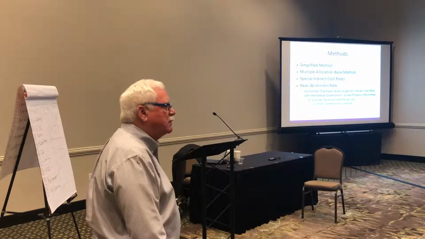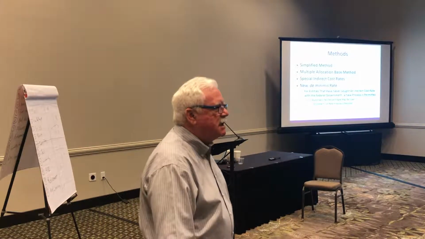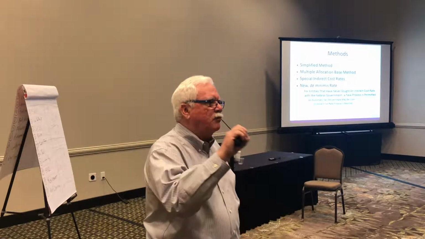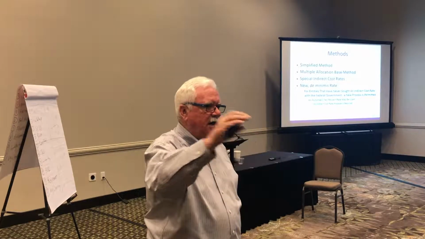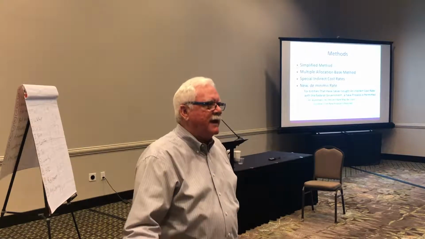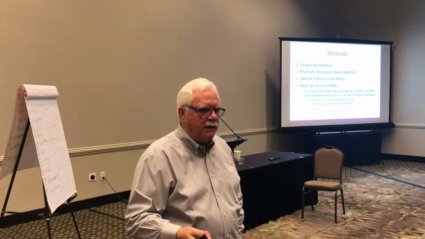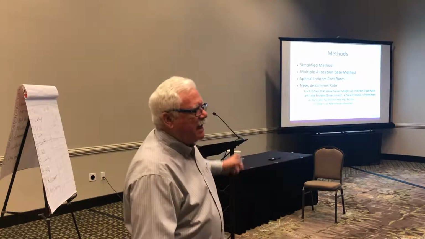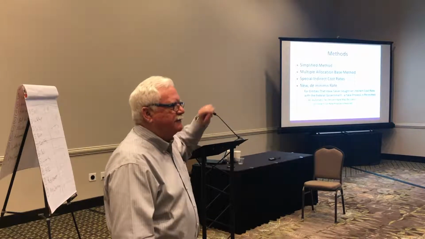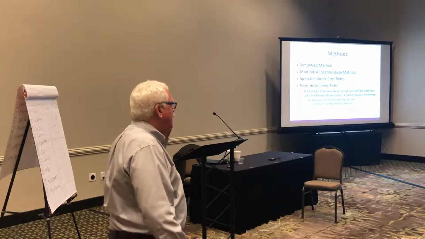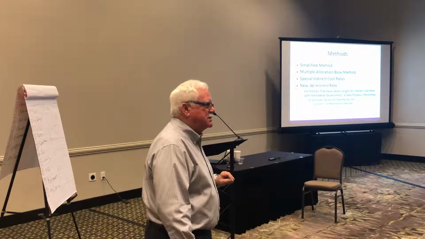There are special indirect cost rates because OMB basically grants FTA the power to do anything they want in negotiating and approving indirect cost rates. And if FTA wants to go off script because of unique circumstances, OMB empowers them to do so.